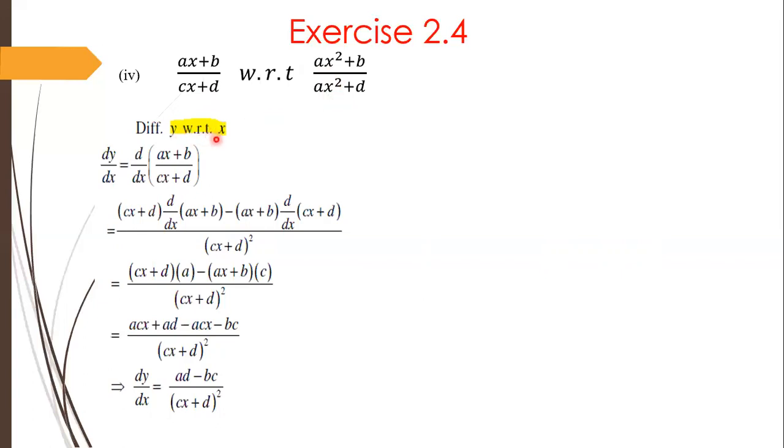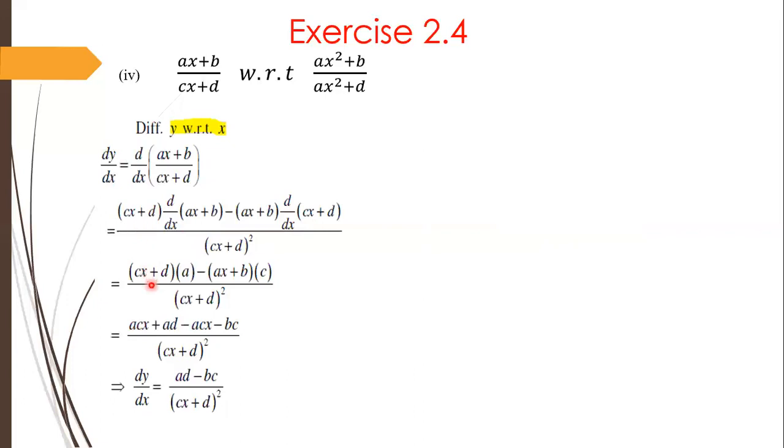Differentiate y with respect to x. Dy by dx is equal to d by dx of ax plus b over cx plus d. Here we will use the quotient rule again: denominator squared, denominator as it is, derivative of numerator, minus numerator as it is, derivative of denominator. Here a, b, c, d are constants.